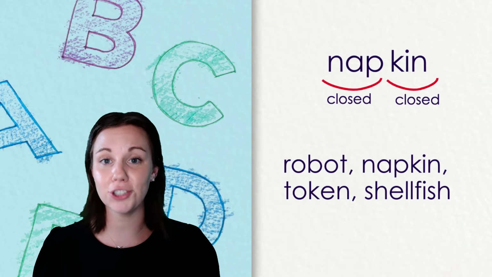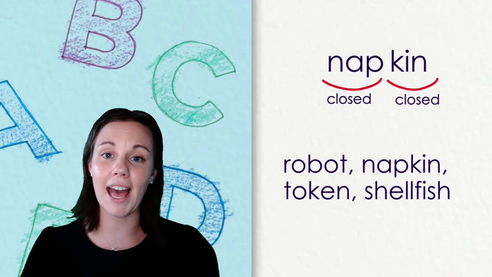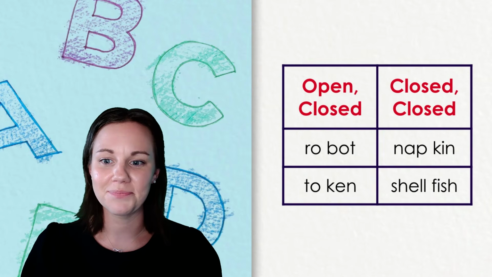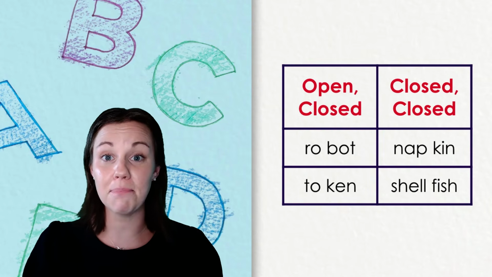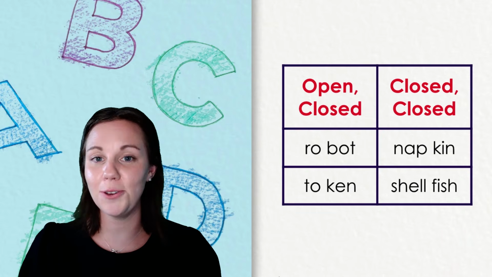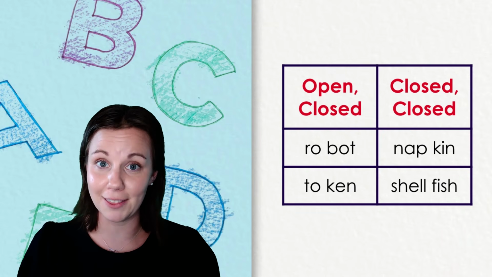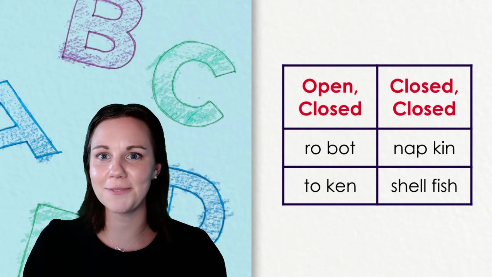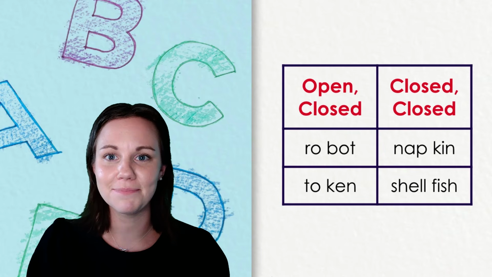Napkin and shellfish both have 2 closed syllables. If you were able to pair these words, you've done a great job identifying those syllable types. It's very cool to find patterns in words. You did a great job with that activity.